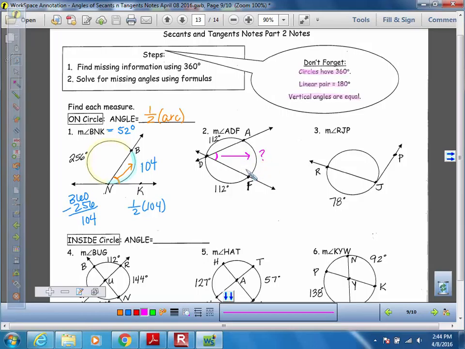This time, how many pieces is the circle cut into? 3. So that means that 112 plus 112 plus the piece we're missing, we can let it be x, should equal 360. So if I add 112 and 112, that gives me 224. Then I can subtract 224.